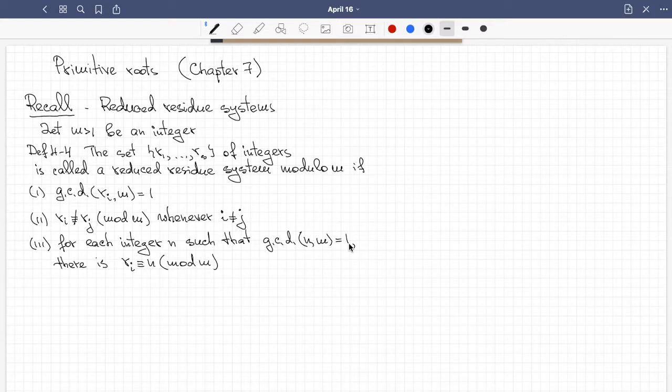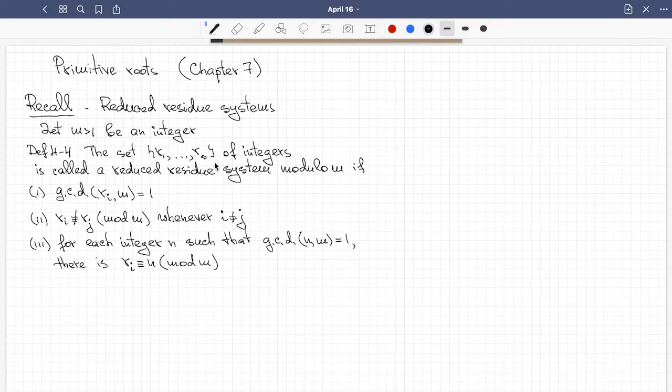Complete residue systems have all representatives modulo m. It is actually more convenient to speak about not a system of numbers, but a system of modulo m residue classes. The book uses integers.